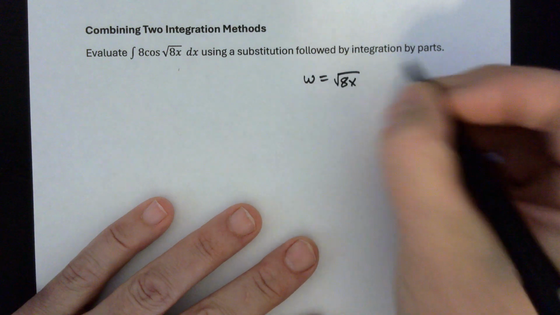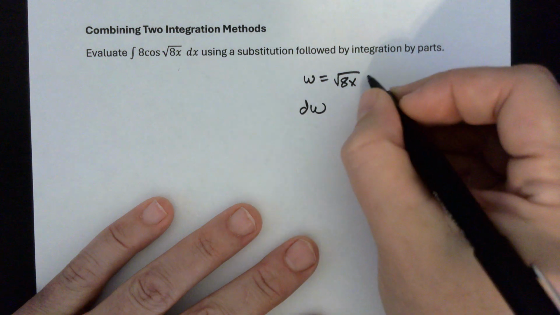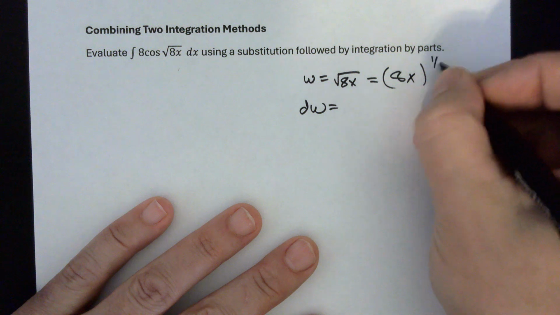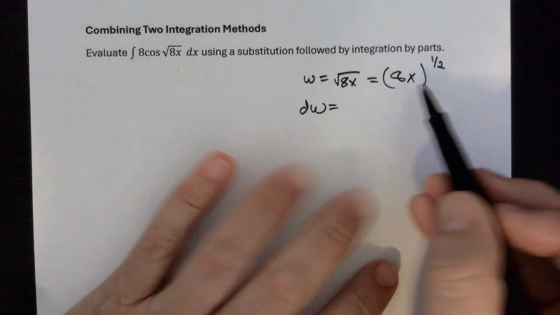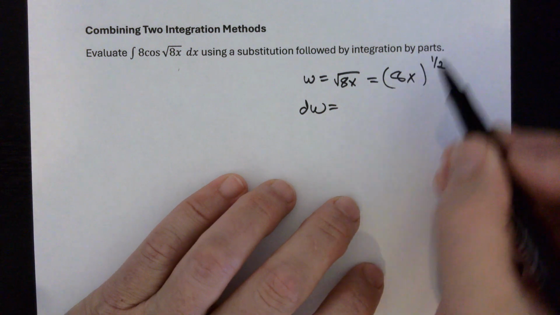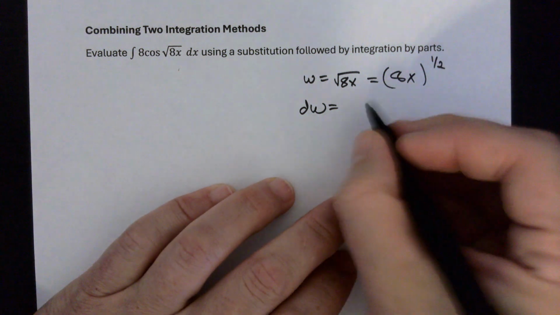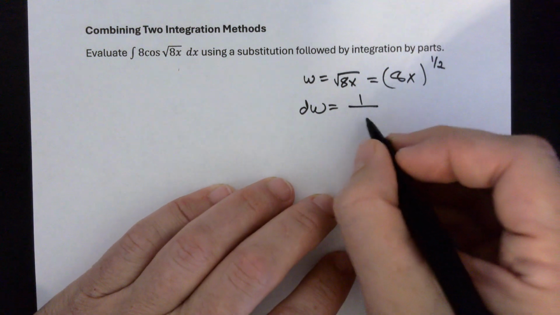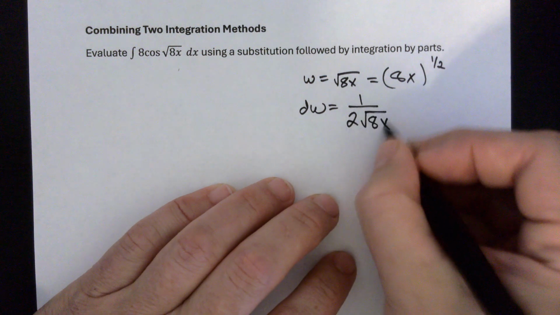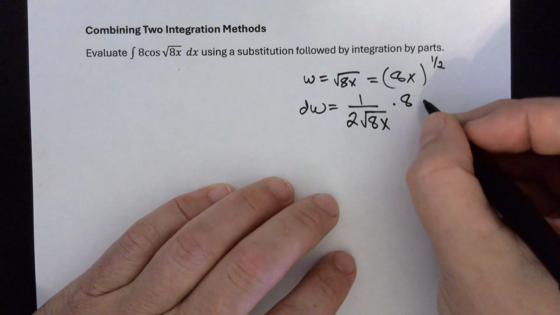Now be careful here, because when we go to take the derivative, dw, let's write this as a power, so 8x to the 1/2. Remember, you have to use the chain rule since there's something inside here. So you take the derivative of the square root, but then you have to remember to multiply by the derivative of the inside. So this becomes 1 over 2 square root of 8x times the derivative of the inside, which is 8, and that's dx.